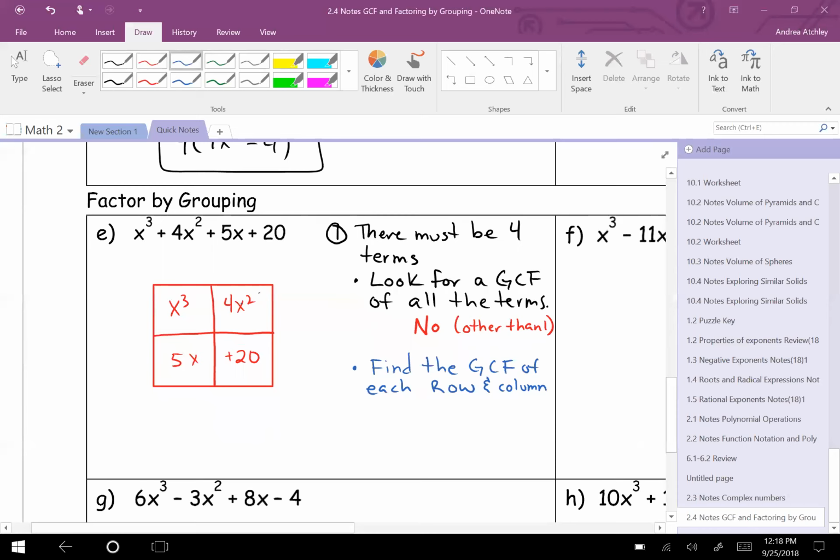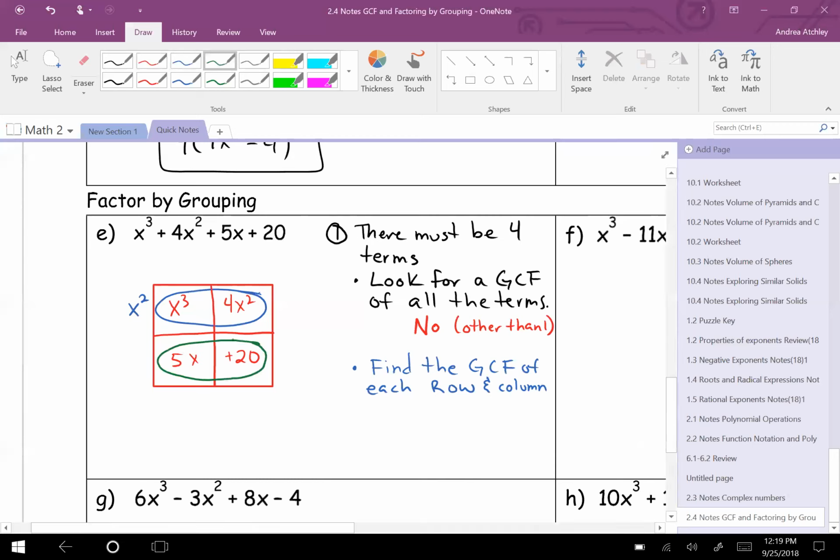So here is my row. What is the GCF there? Any ideas, class? X squared. Very good. Okay, then we do the same thing here.